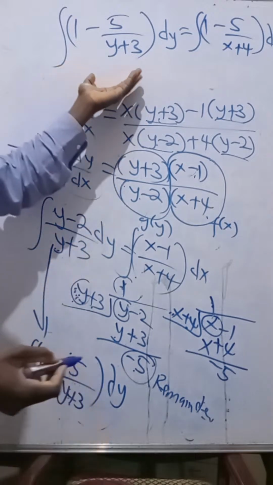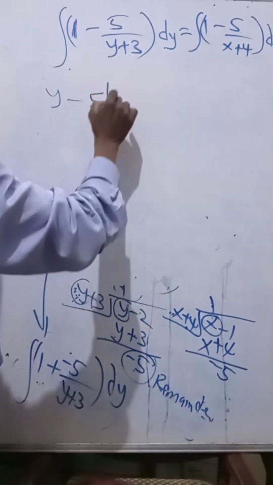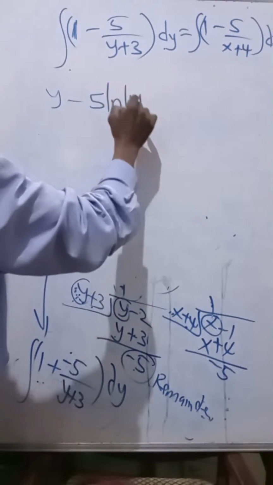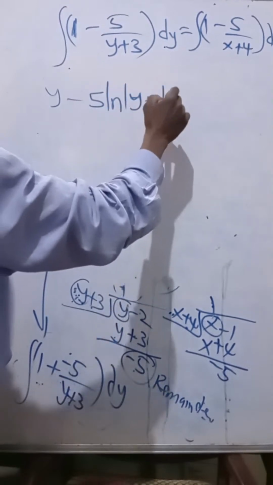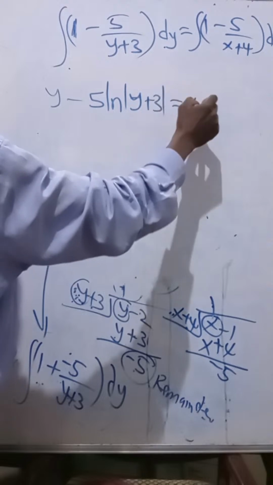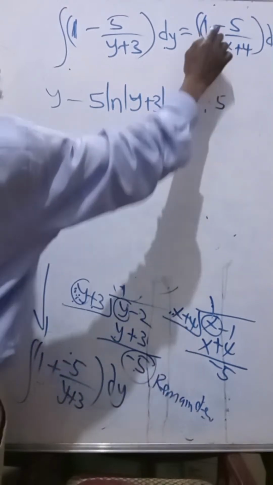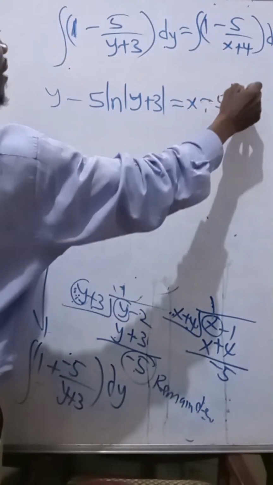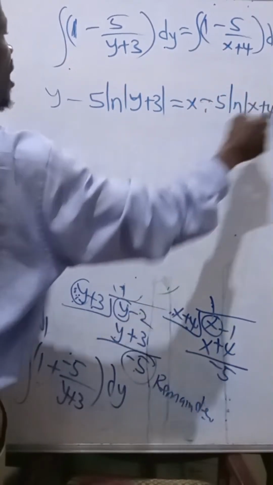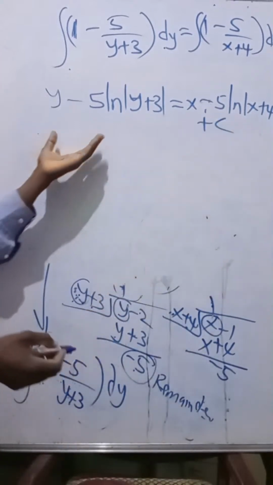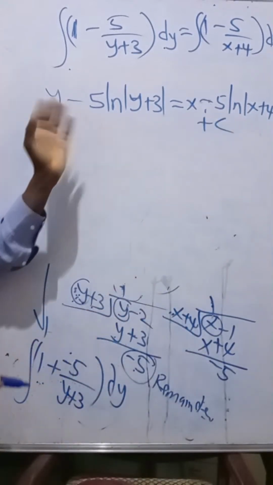So this one we have now is the natural logarithm of y plus 3, equal to x plus 5. We have minus here, the natural logarithm of x plus 4, plus c. That's what we have, and that's the final conclusion.